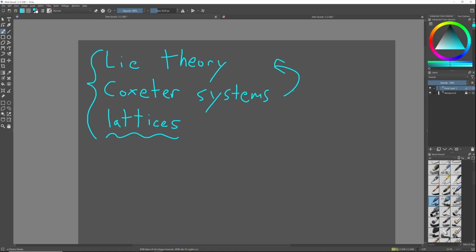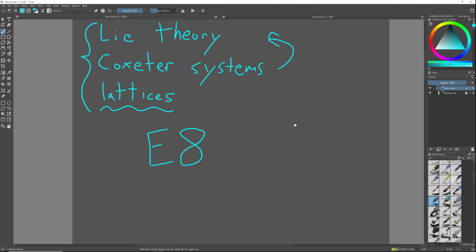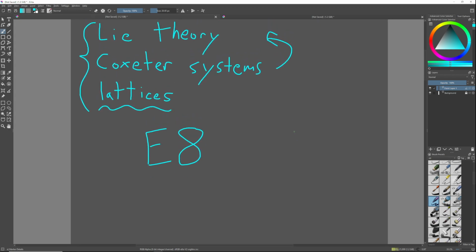Now, in some way, I'm pretty sure the monster is related to E8. If I'm wrong about that, then the rest of what I'm going to say today is pretty stupid, probably. But like I said, I'm in the process of learning this stuff, and there's going to be some speculation here.